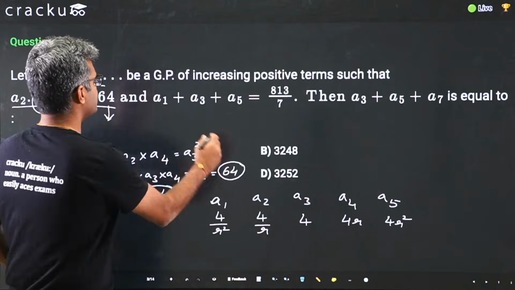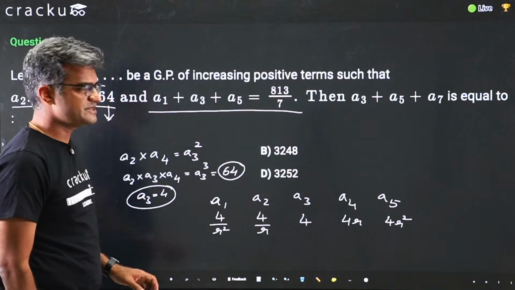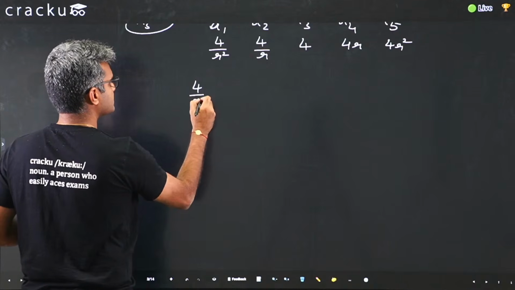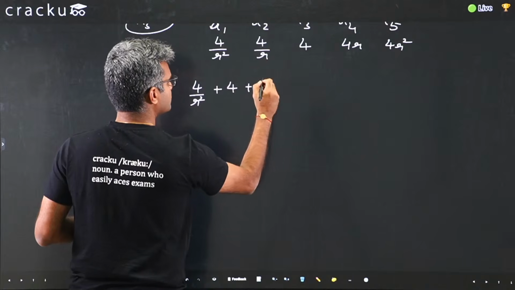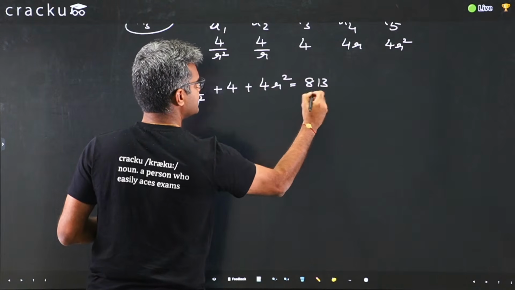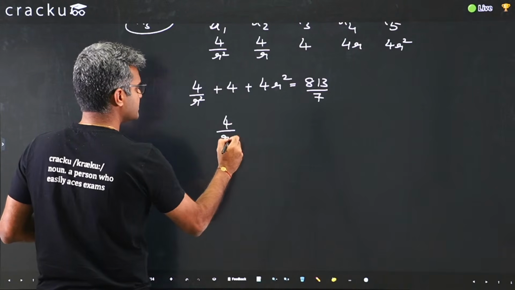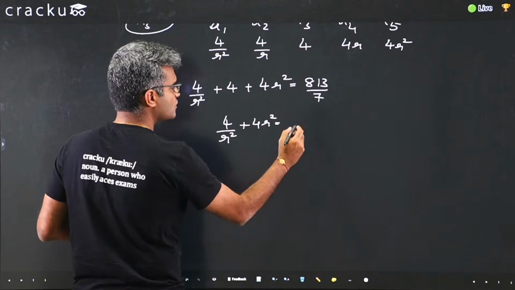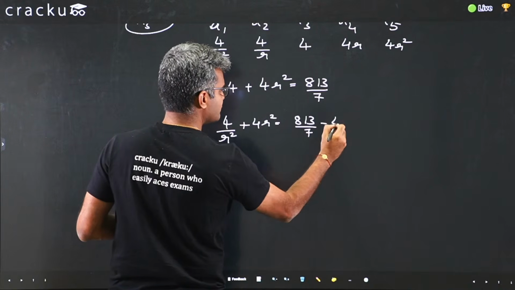What are we next told? We are told that A1 plus A3 plus A5 is 813 divided by 7. A1 is 4 by R square, A3 is 4 and A5 is 4R square. This is equal to 813 divided by 7, or 4 by R square plus 4R square is equal to 813 divided by 7 minus 4.